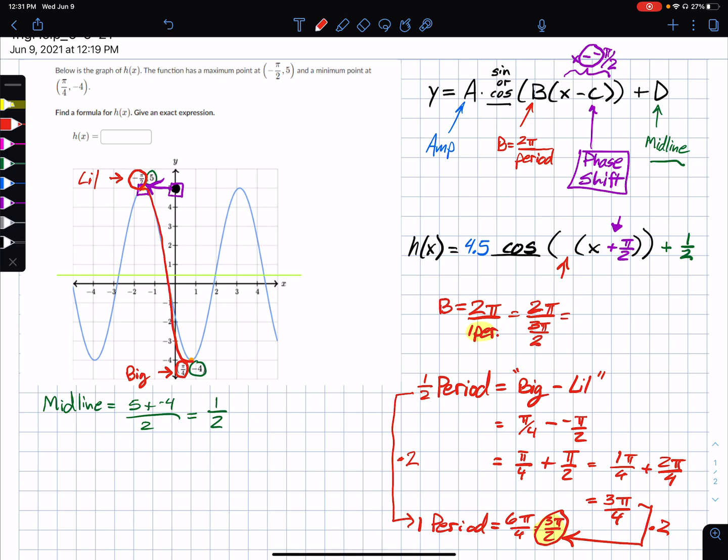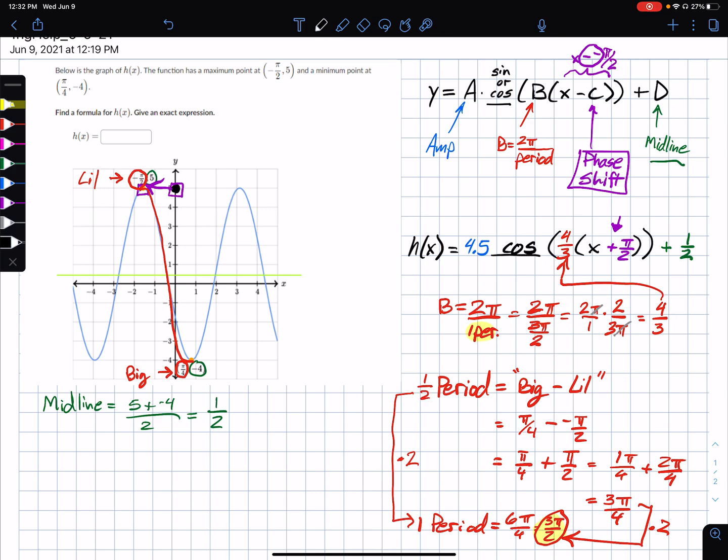Now, whenever I have division by a fraction, I like to reframe it as multiplication by the reciprocal. So instead of saying 2 pi divided by 3 pi halves, I'm going to say 2 pi times 2 over 3 pi. And here we could see the pi's will reduce out, and the rest of it's pretty streamlined from there. We get 4, 2 times 2 on the top, 4 over 3 times 1 on the bottom. So our b value is going to be 4/3.